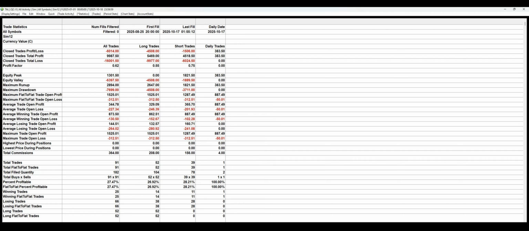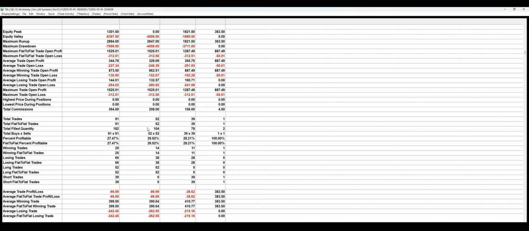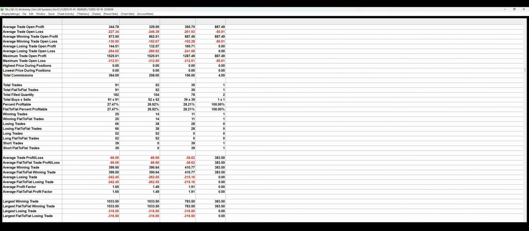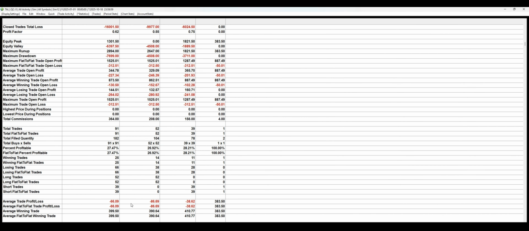But look at the frequency of the trades. 91 trades versus 15 trades over the exact same period. A profit factor of 2.09 for gold versus a profit factor of 0.62 for the E-Mini S&P 500. Look at the equity peak here versus what we just witnessed when applying the identical system to gold. This is a 1.65 average profit factor.